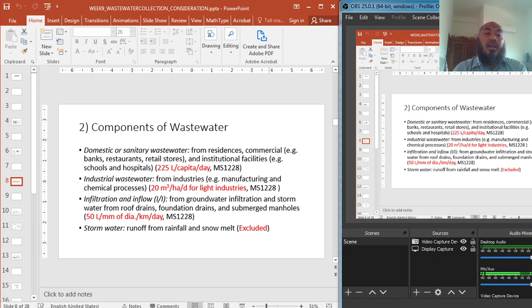As for stormwater, it is from runoff of rainfall and snowmelt, but usually it is excluded. Nowadays the combined system is not popular anymore, especially in Malaysia, which doesn't use it, meaning combining stormwater with wastewater.